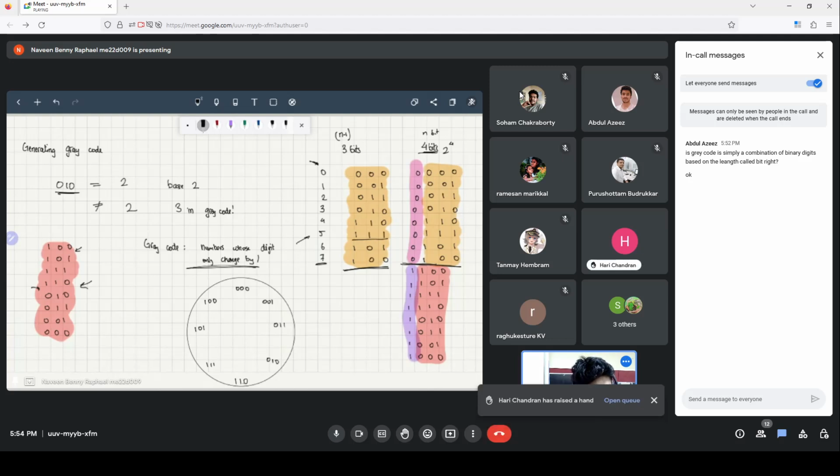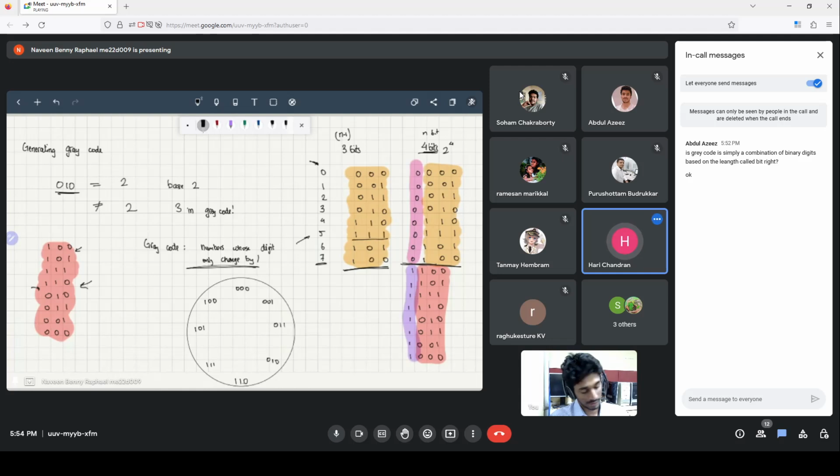Yes, Harichandra? Yeah, see, it is very clear. With binary digits, it was an increment of one, like 1, 2, 3 sequentially increasing. It is easy to understand that. But with the gray code, how can the system understand it?